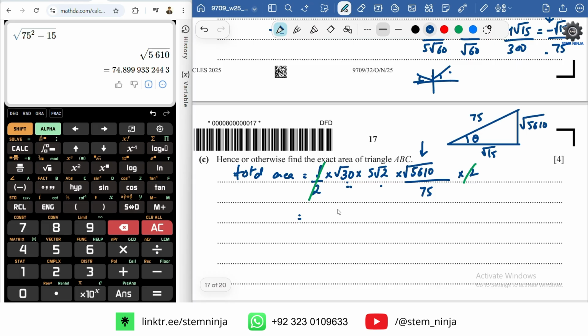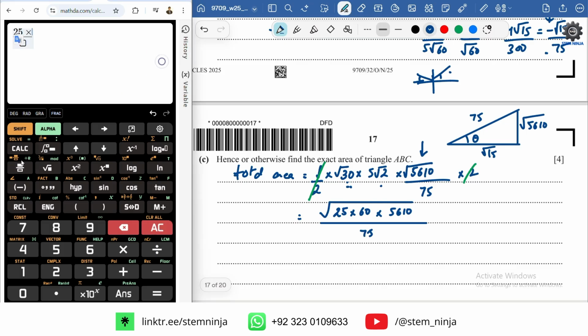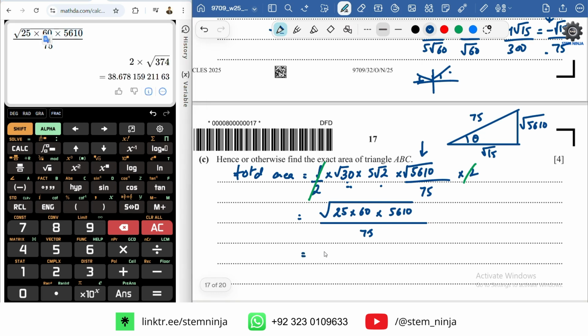We can bring 25 inside, so 25 times by 60 times by 5610 whole under root divided by 75. So let's do it this way. You have square root of 25 times by 60 times by 5610 divided by 75. This is 2 root 374.